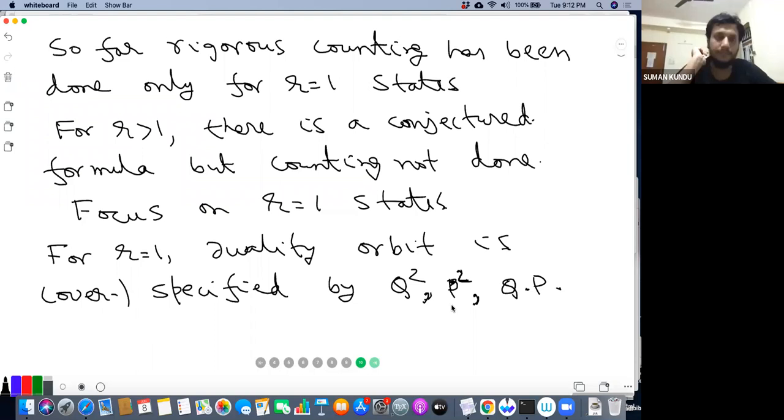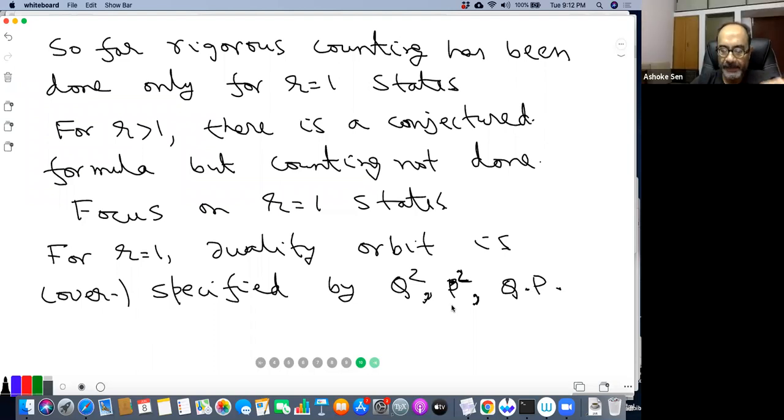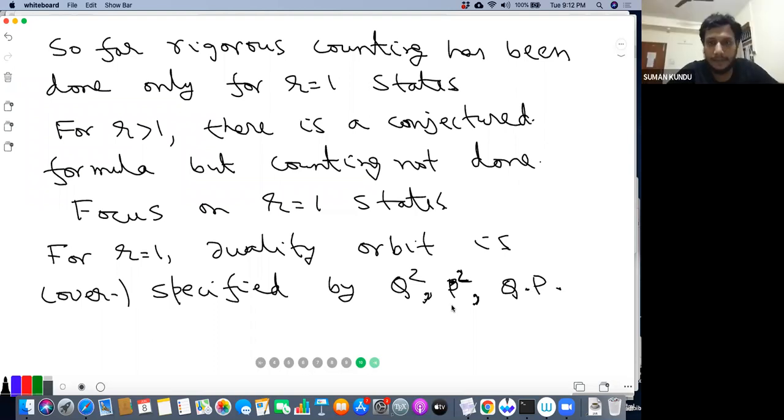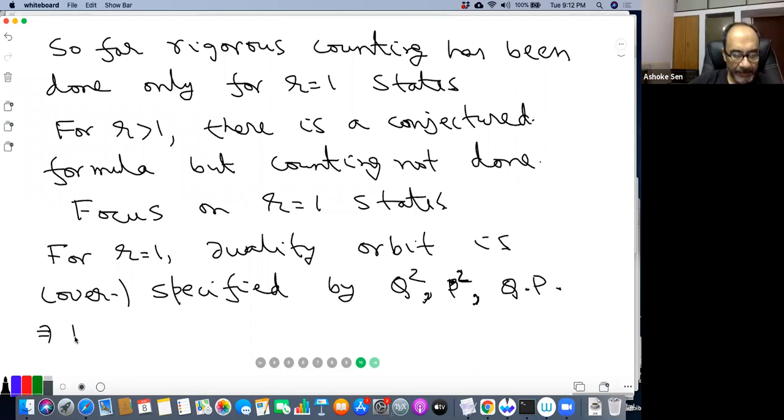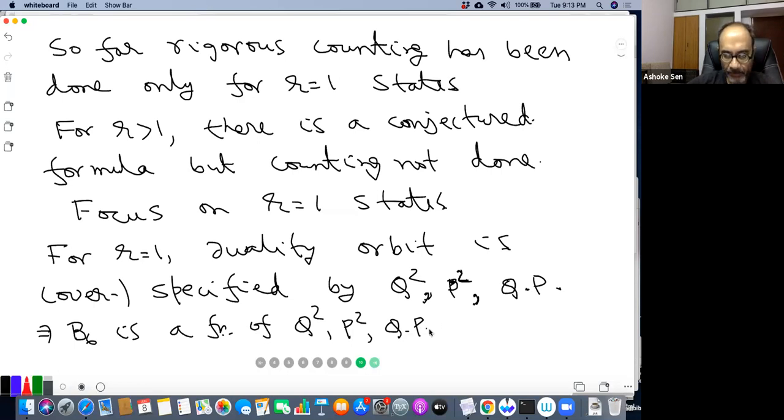That in the R equal to 1 sector, two charge vectors which have the same Q square, P square, and Q dot P are necessarily connected by duality. Is this clear? Yes. So this means that B6 in this sector is a function of Q square, P square, and Q dot P. Finally, something maybe I should have said earlier: this lattice lambda is what is called an even lattice.